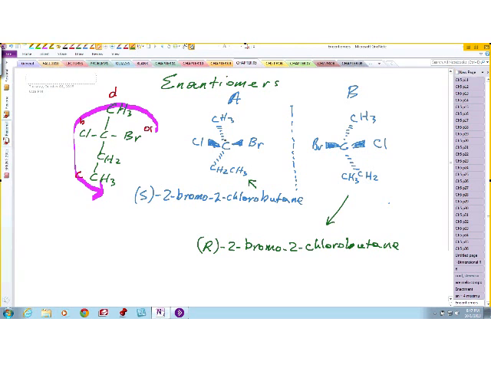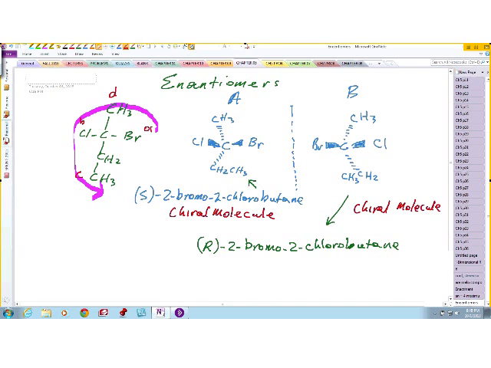Okay. Now, each one of these enantiomers, we say it is a chiral molecule. This is a chiral molecule. This is also a chiral molecule. Chiral molecule in this case simply means that it will not superimpose on its mirror image.